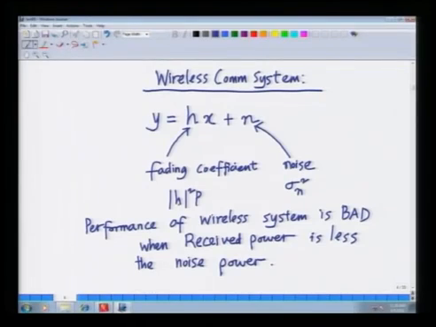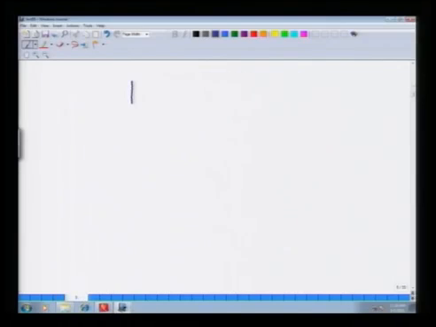We can say the performance of the wireless system is worse or bad when the received power is less than the noise power, which means the received power is norm h square times p, but magnitude of h is nothing but a. So, the received power is a square times p.